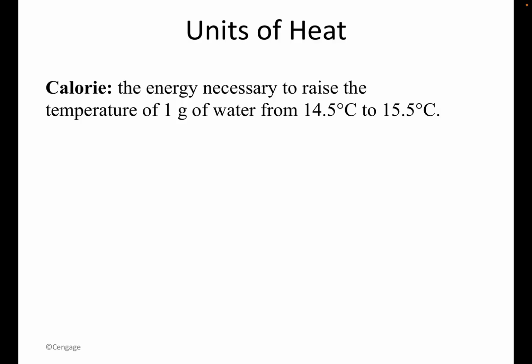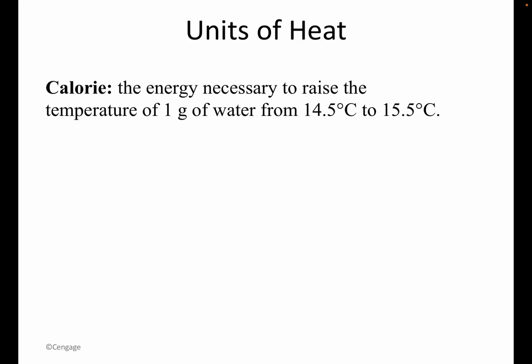We have a unit for heat. Of course, it's a form of energy, so the SI unit for heat is always joules, but we have a specific unit for heat that we use widely.